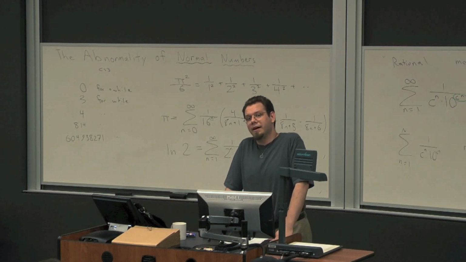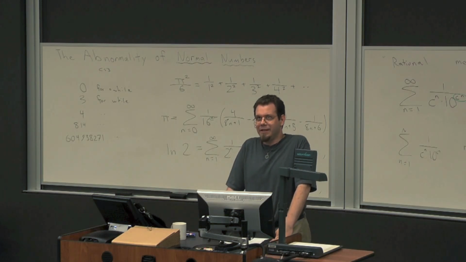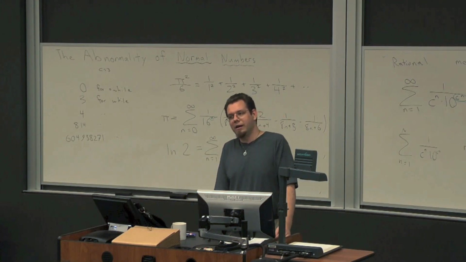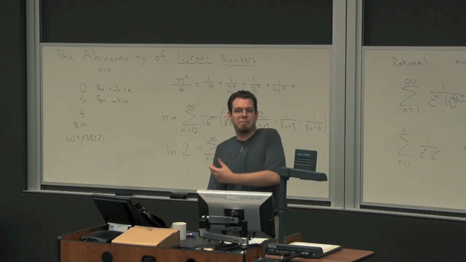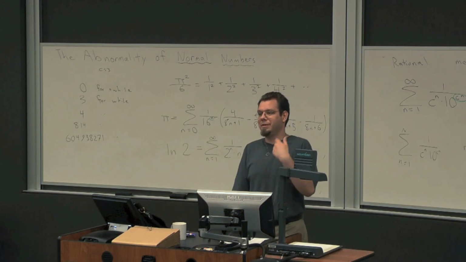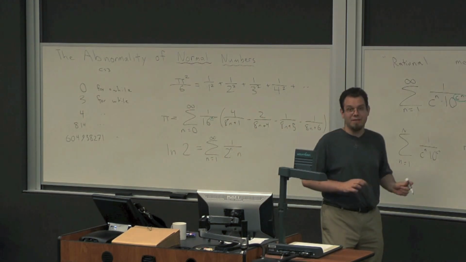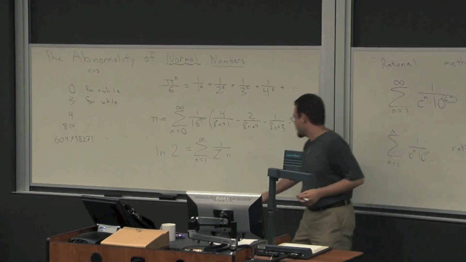What you do know is that basically, if you are normal to a given base, you are also normal to any given integer power of that base. So being normal base 2 is equivalent to being normal base 4, and 16, and 32, and so on and so forth. And in fact, that's a very quick one to show.